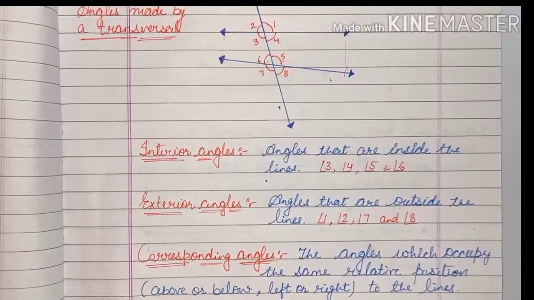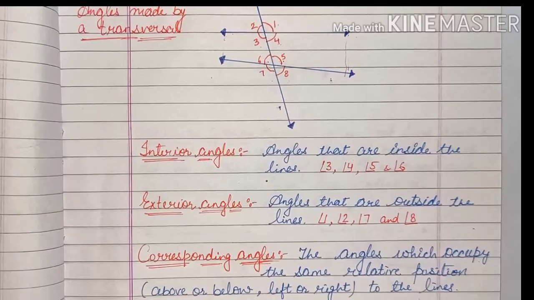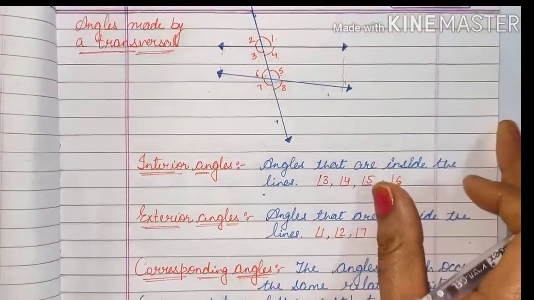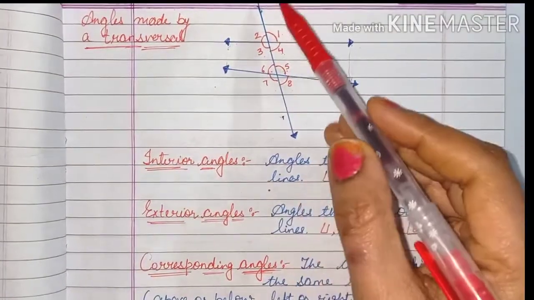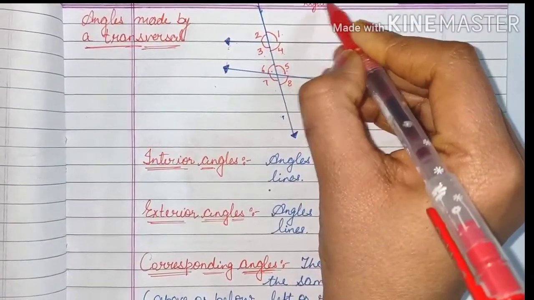Next is corresponding angles. The angles which occupy the same relative position, above or below, left or right of the lines, are known as corresponding angles. So let's observe here. This is the right side and this is the left side.